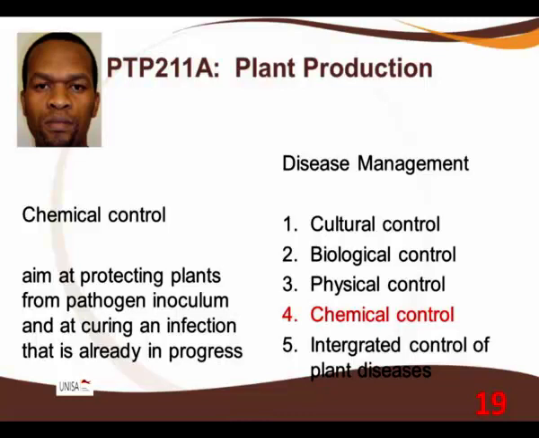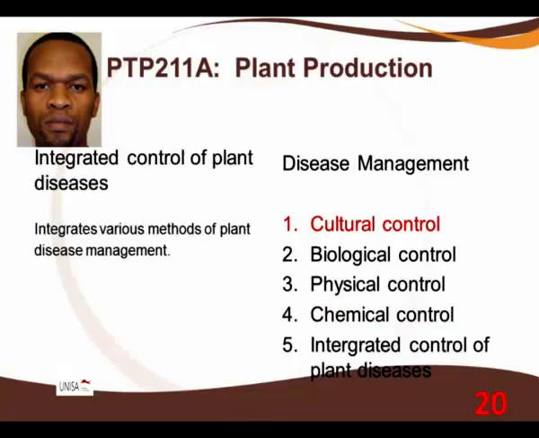This includes spraying with fungicides and other chemicals. Integrated control of plant diseases integrates various methods of plant disease management. It is an easy way to circumvent the coping strategies of the pathogen.